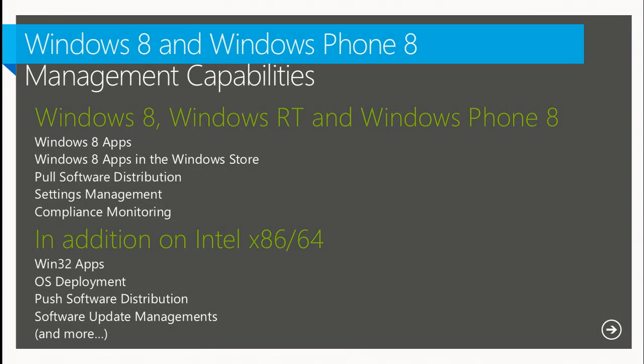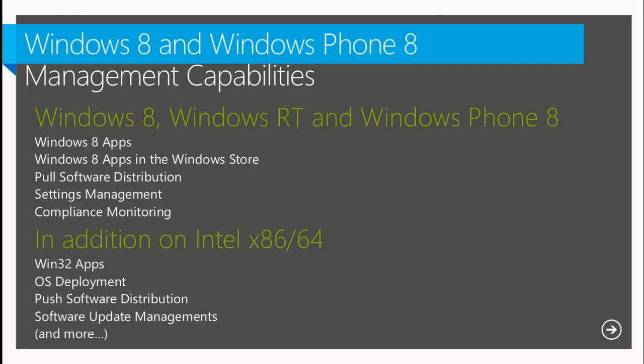So to get into the devices a bit more, we'll have several slides here where we break down different areas of the devices. To start with, we have Windows 8 and Windows Phone 8. From a management capabilities perspective, there are a number of similarities between Windows 8 devices and, obviously, more traditional, let's say, Windows 7 x86/x64 devices. You're able to do a myriad of the same things. But obviously Windows 8 brings new capabilities to the table, like Windows 8 apps in the app store.